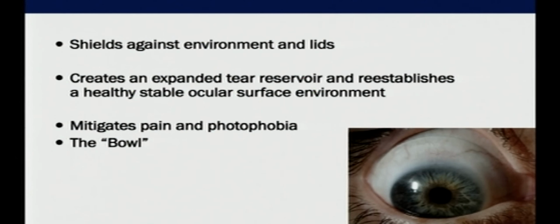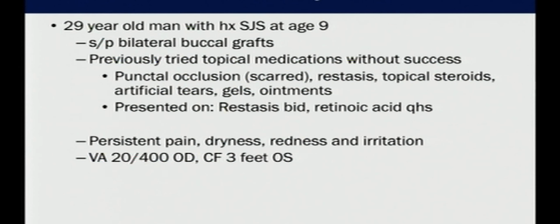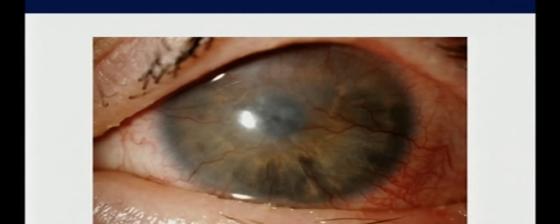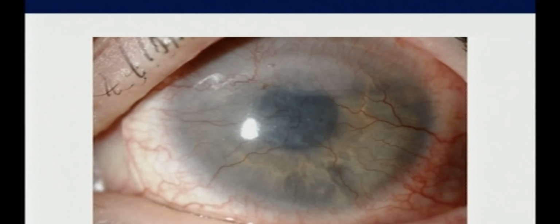A patient with Stevens-Johnson syndrome, 29-year-old man with Stevens-Johnson syndrome from age 9. Bilateral buccal grafts, but now has tried every sort of topical medications, frequent anti-inflammatories, frequent artificial tears, but still has poor visual acuity, counting fingers. You can see there's sort of typical findings for limbal stem cell deficiency and opacities after this very serious disease.